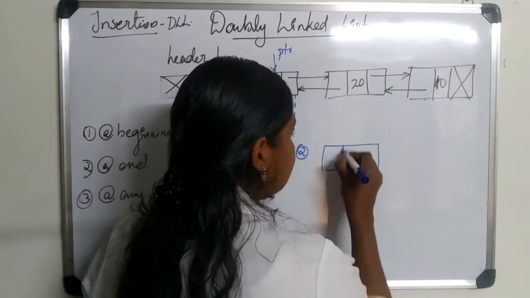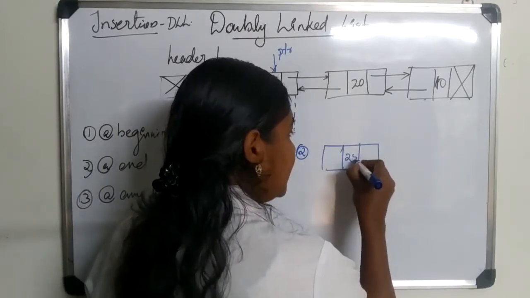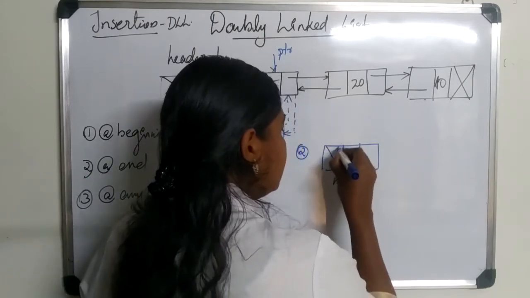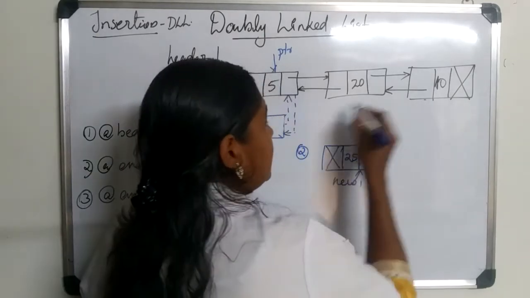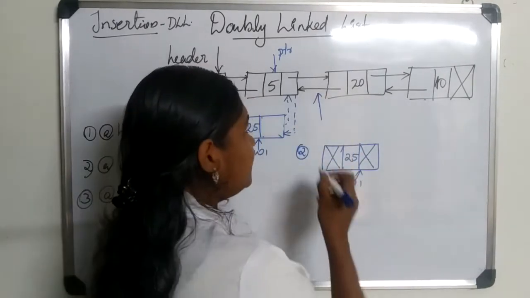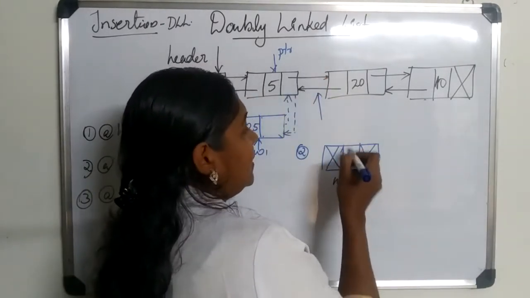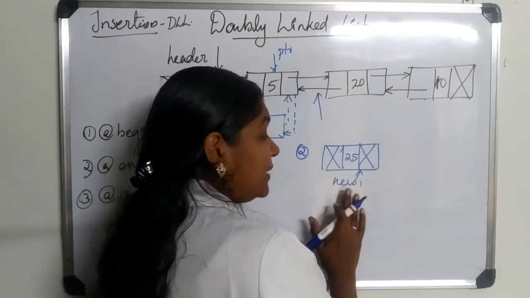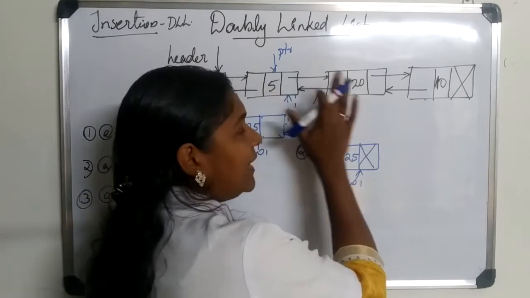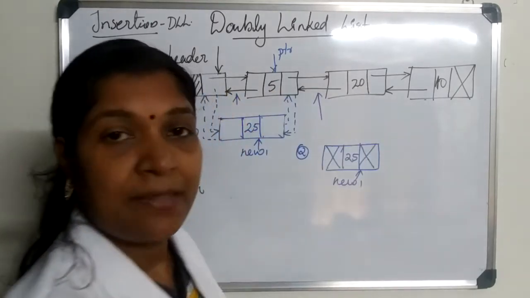This is the same node as our new node. So I would be entering this node here. What am I supposed to do? I'm supposed to enter this new node in between the node with element 5 and the node with element 20.